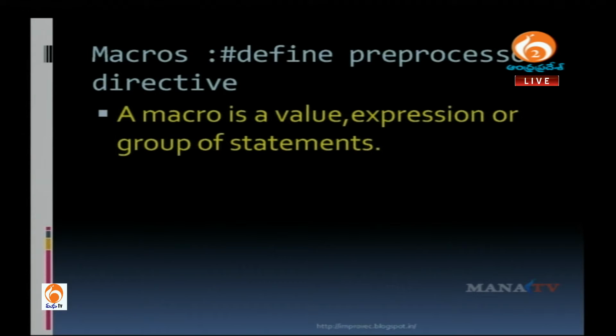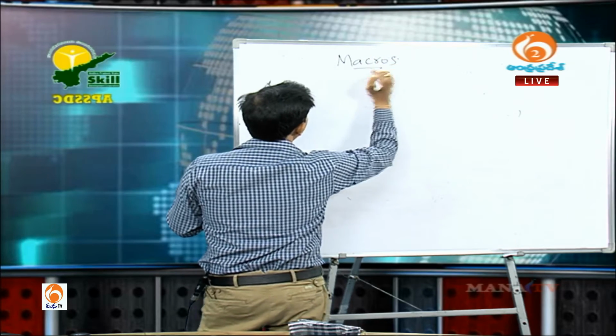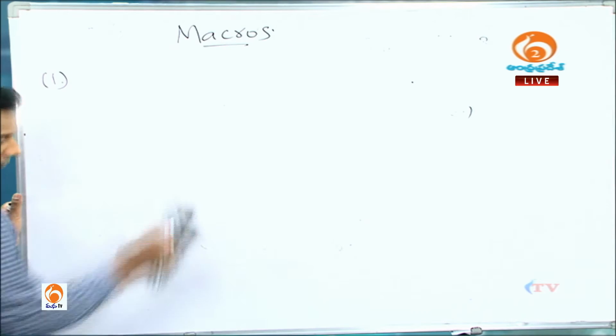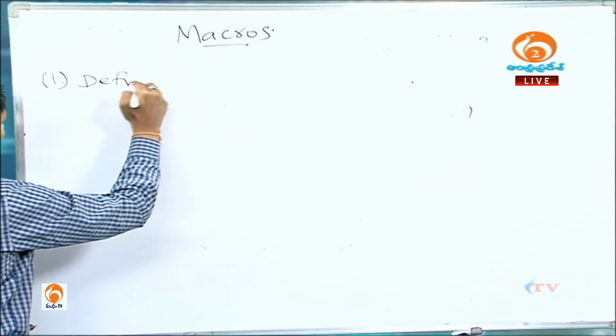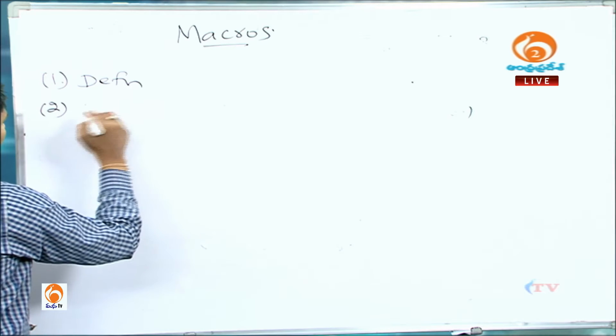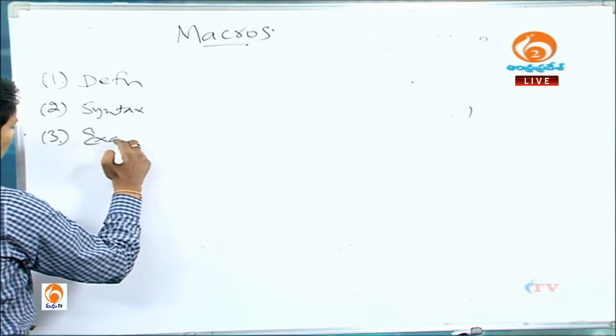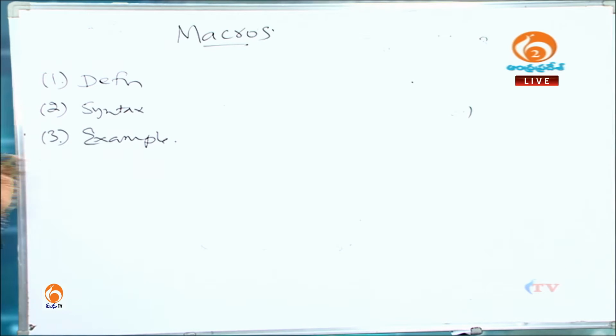Now we have to see the following things: first, the definition of the macros; second, the syntax; third, an example; and where should we use the macros. These are the things we have to learn now.